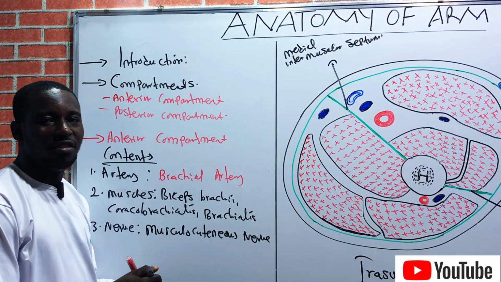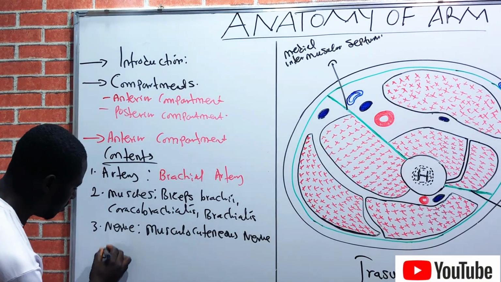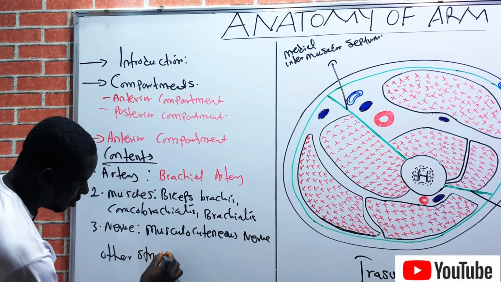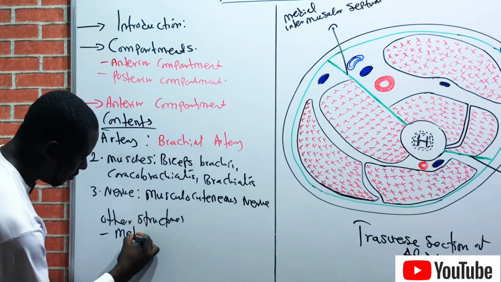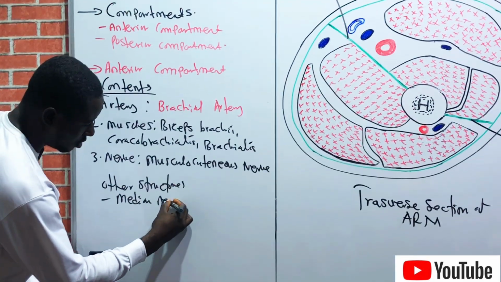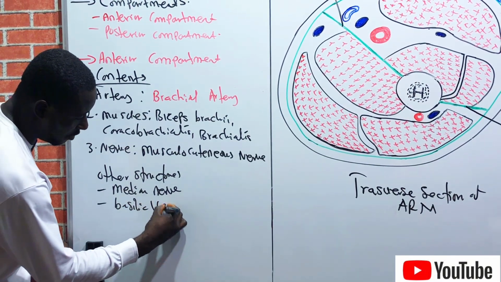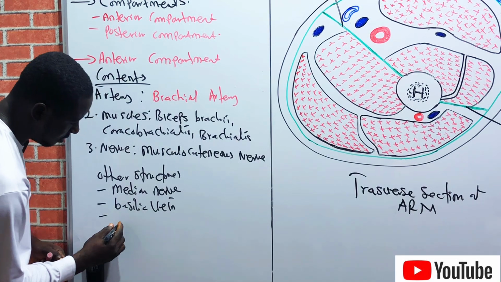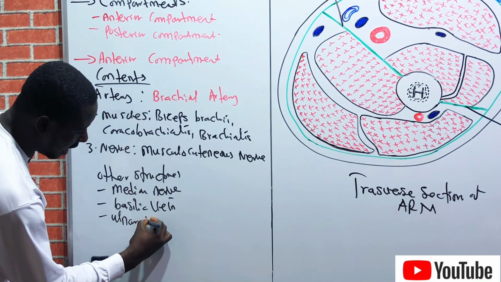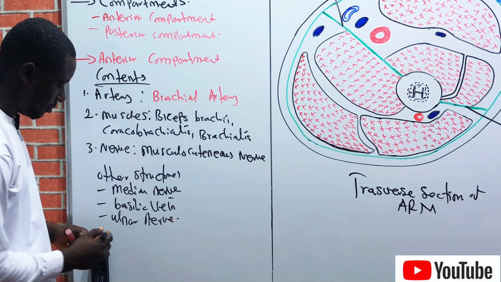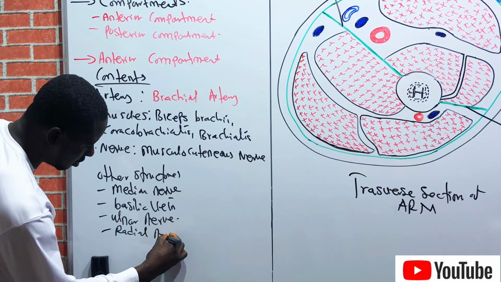Other structures include the median nerve, the basilic vein, the ulnar nerve, and as well the radial nerve.